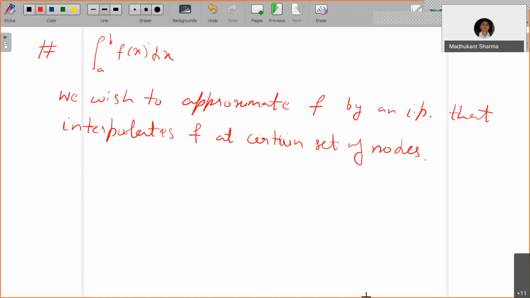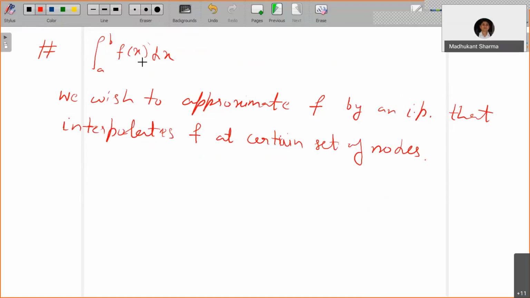Here also, we are going to choose an interpolating polynomial because the terms will then depend only on the function values of the integrand.